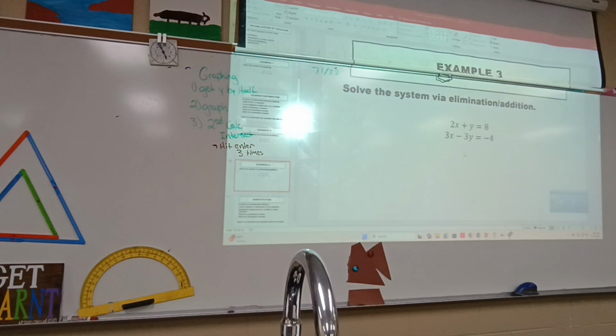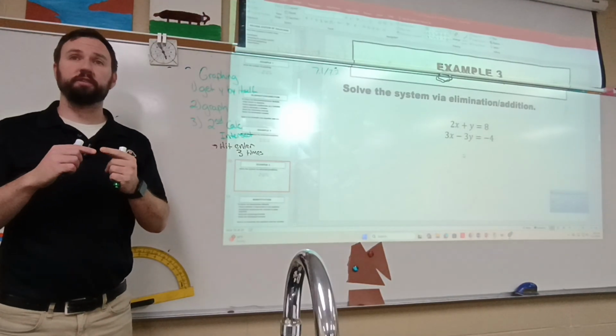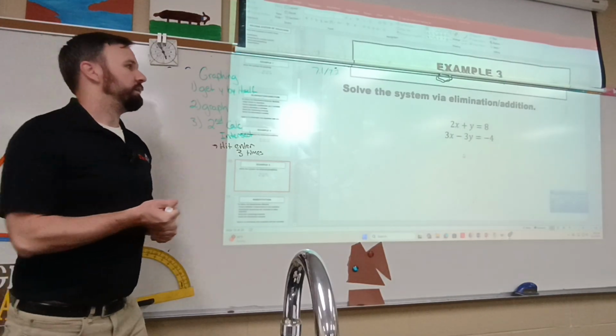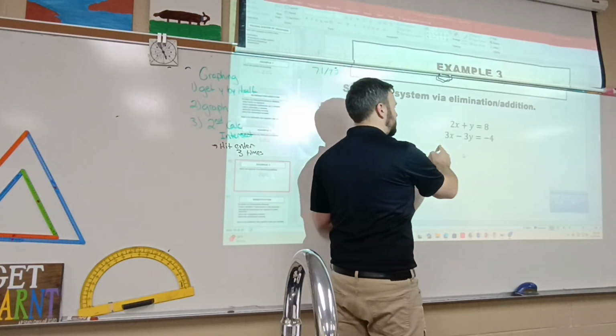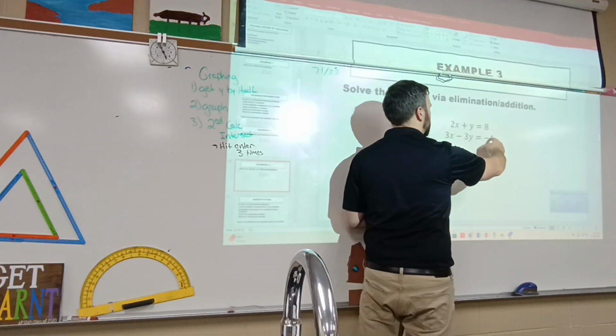Now, with that being said, I will show you elimination on example 3. The reason elimination works better for this one is because my goal is to add these 2 equations together and get rid of a variable, right? So right now, if I add these 2 equations together, I get 5x and -2y and 4.